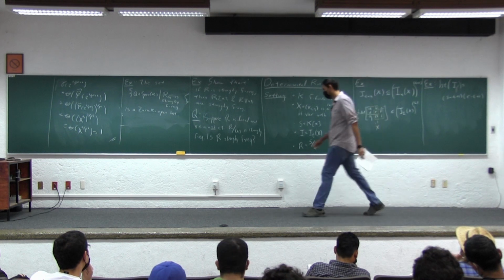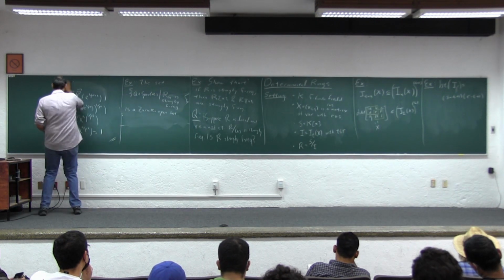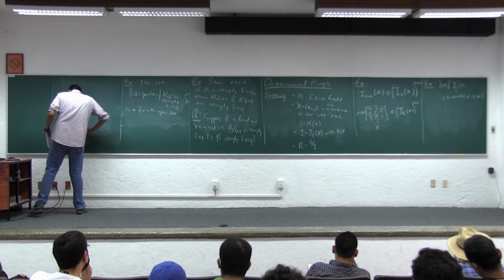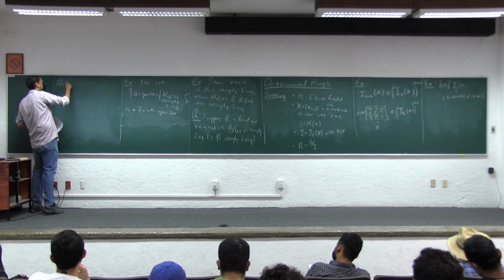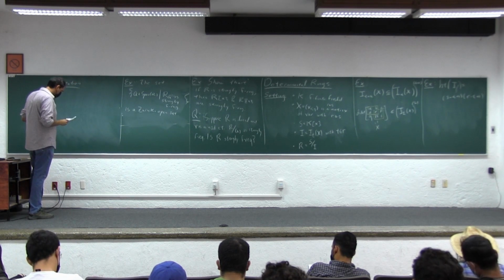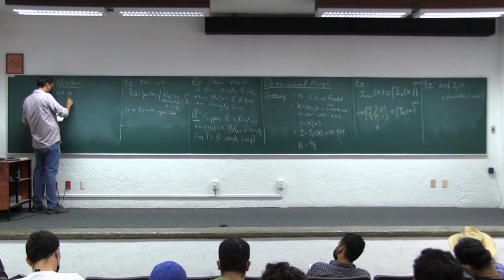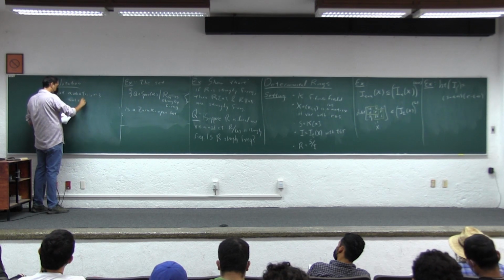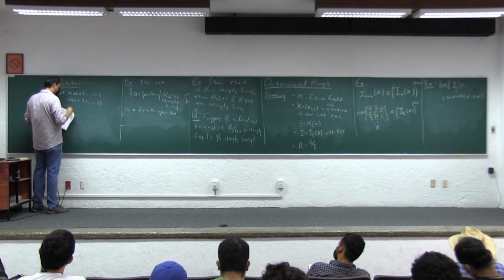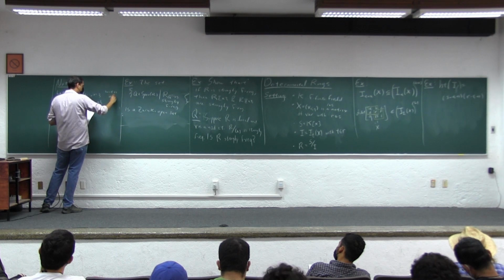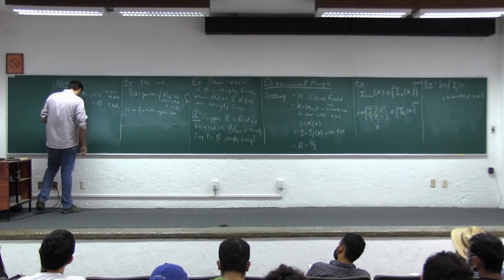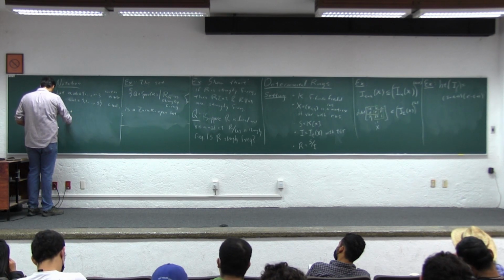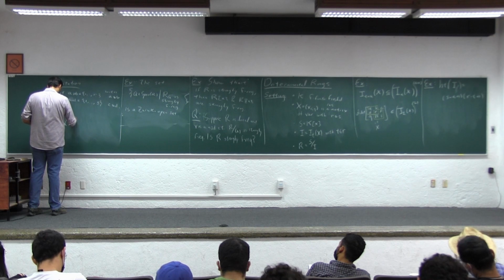Okay, so let's do, this is not setting, this is more like a notation. Let's pick a and b inside 1 until r, and c and d inside 1 until s, with a is less than or equal to b, and c is less than or equal to d. So we said we're going to take a submatrix from a, b, c, d.